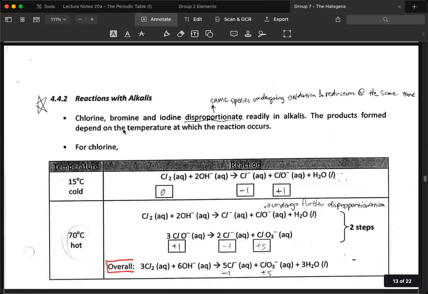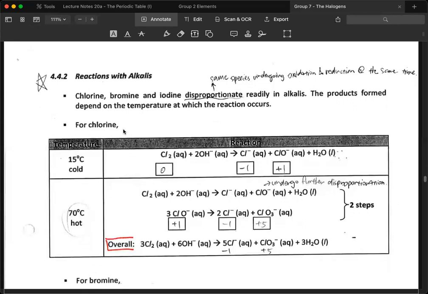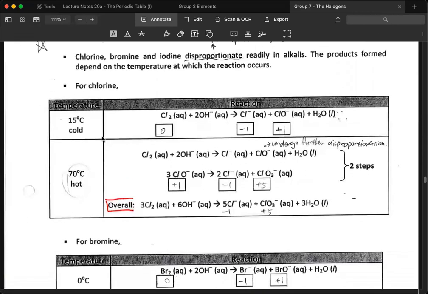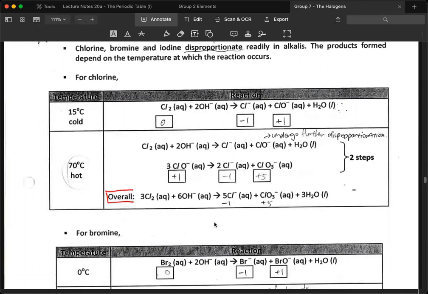Next, chlorine, bromine, and iodine disproportionate readily in alkaline conditions. The products formed depend on the temperature at which the reaction occurs. When the temperature is cold, you have this disproportionation. When hot, you have two steps. You form chloride, then this ClO minus undergoes further disproportionation to form Cl minus and ClO3 minus. Then you combine these two to form this.